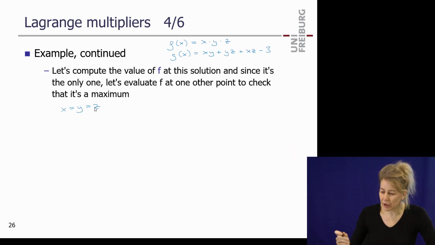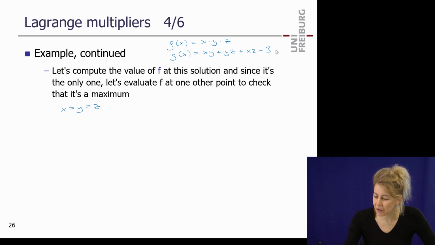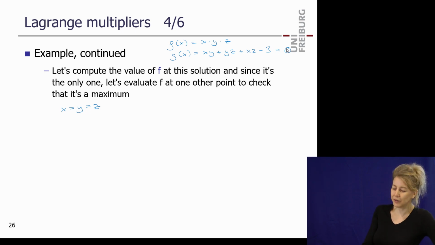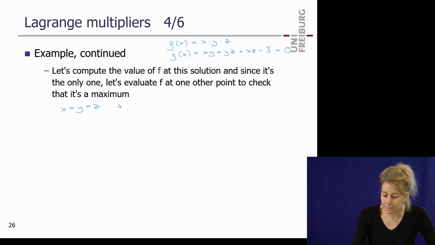We can do it here. If they are all the same and this constraint has to be satisfied, what are actually the values of x, y, and z? This we can do because it's easy. You know that they are all equal and the constraint g is satisfied. Then what's the value of x, y, and z? There's only one answer. 1, yeah. Because g of x, y, z has to be 0. x, y, z is equal to 1.